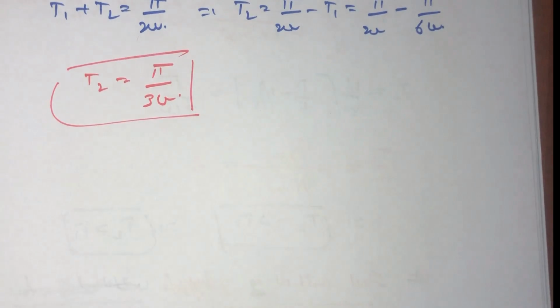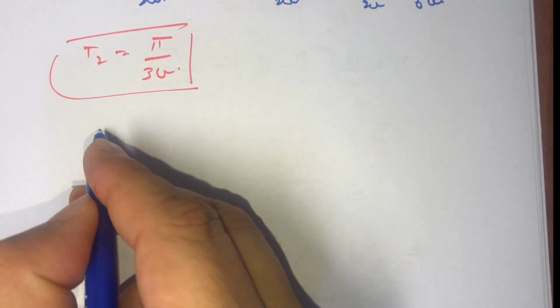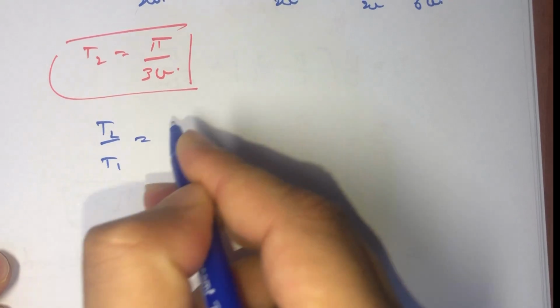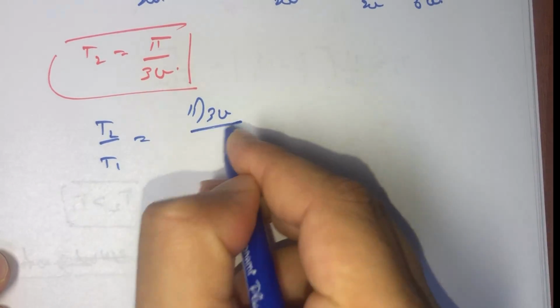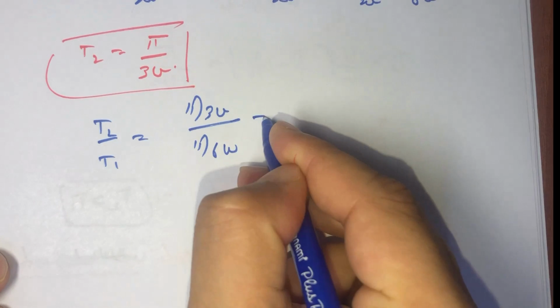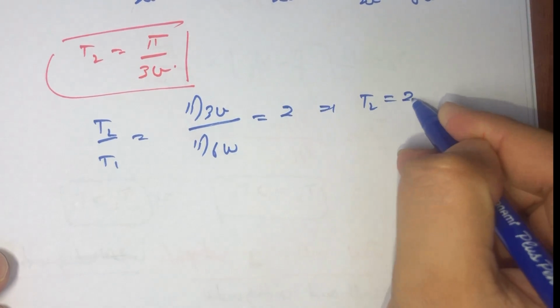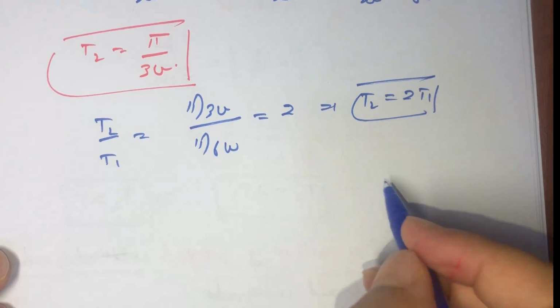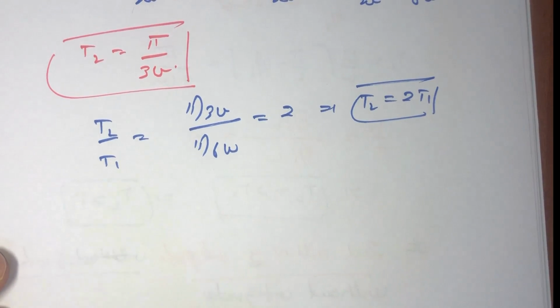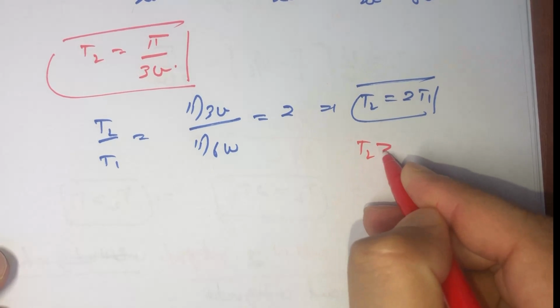So once again, finding the ratio t2 by t1, t2 by t1 gives us pi upon 3 omega divided by pi upon 6 omega, which is equal to 2. We can say that t2 is equal to twice of t1, and from here also we can say that t2 is greater than t1.